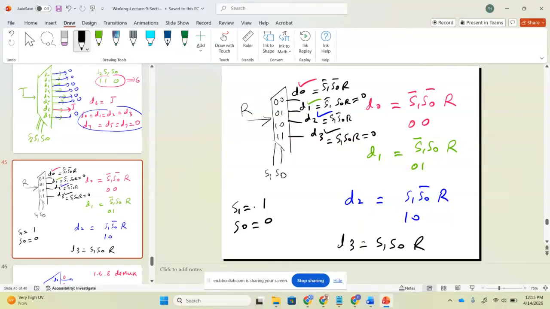And S1 is 1, so when S1 is 1, 1 bar is 0, so it will also be 0. And in this case, the output will be R. Any question? Is it clear or not clear?